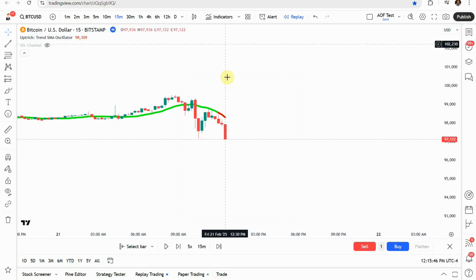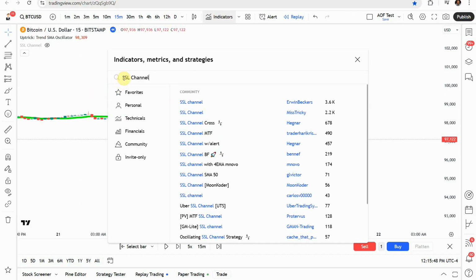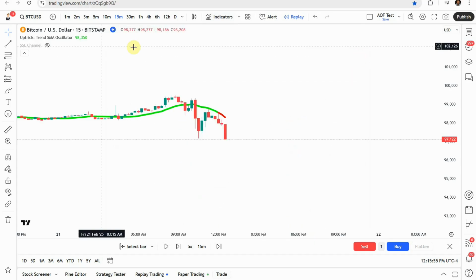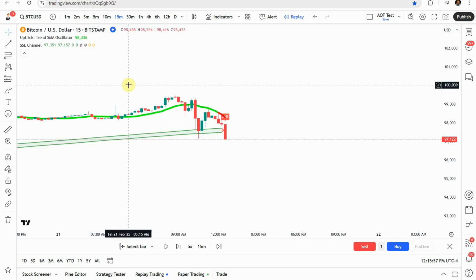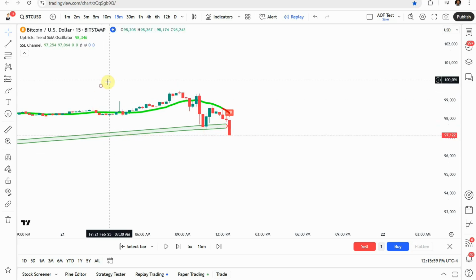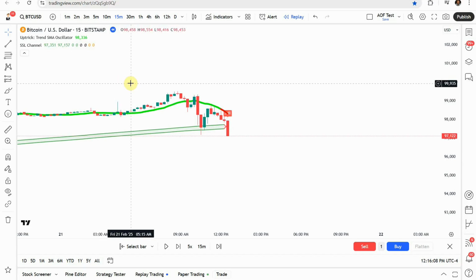Same with the second indicator, and that is the SSL channel. It's this one right here by Miss Tricky. Again, both of these indicators, the second one anyways, the SSL channel, are very well known in the trading community. Definitely not a secret. Lots of people talk about it. There's the SSL channel, then the SSL hybrid. But as far as the uptrend SMA, I don't think I've heard of that one yet.